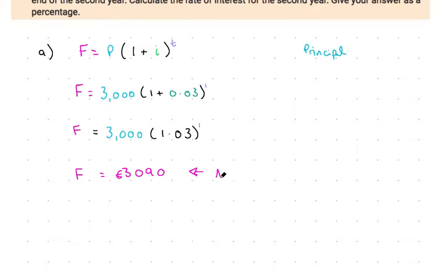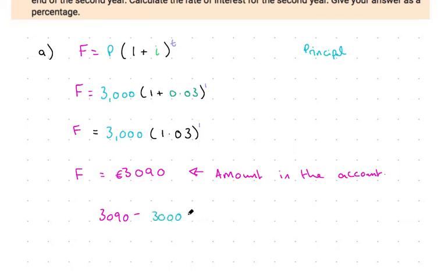So that is the amount in the account. We wanted to know how much the investment was worth. So if we put in €3,000 into the account to begin with, and now we want to figure out how much interest was earned. Well, if there's 3,090 in there now, that must mean that the 3,090 take away what we initially put in.